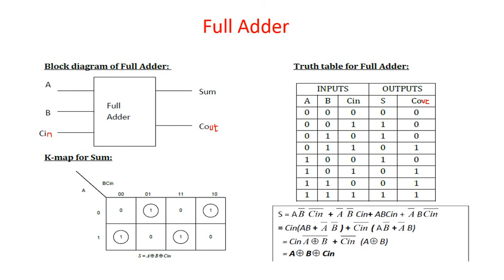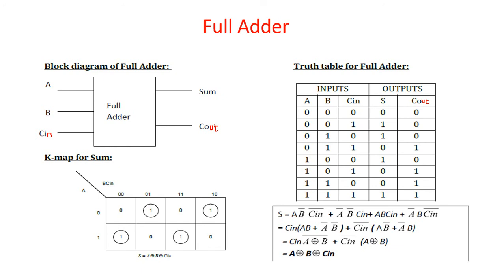Now the K map for the sum expression, where the inputs are A and B, C in. For the 0, 0, 0 input, sum is 0. For 0, 0, 1 input, sum is 1.